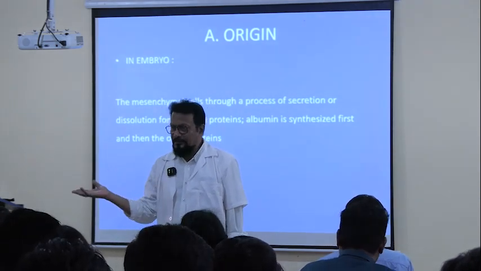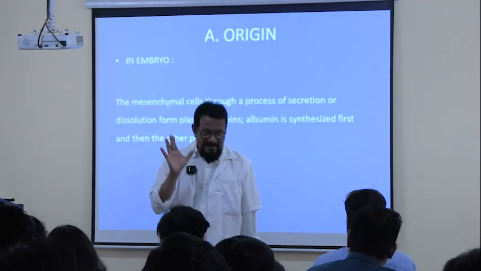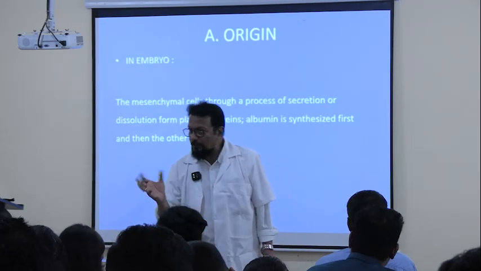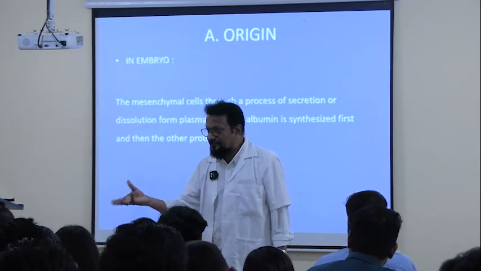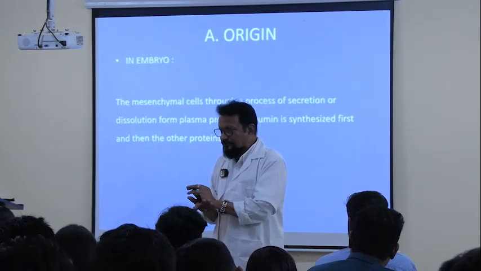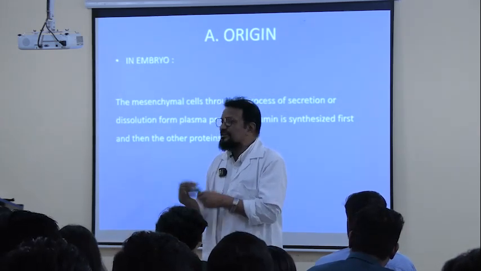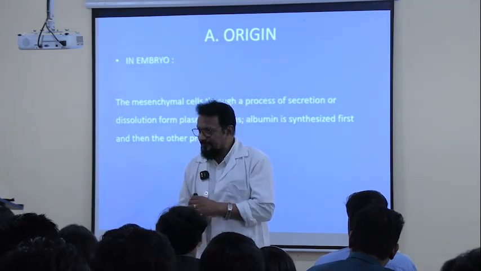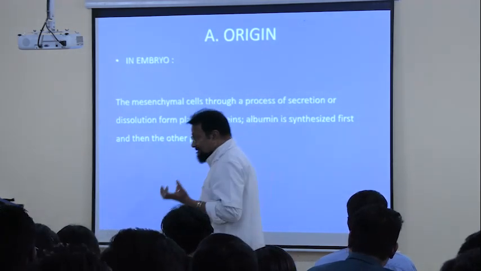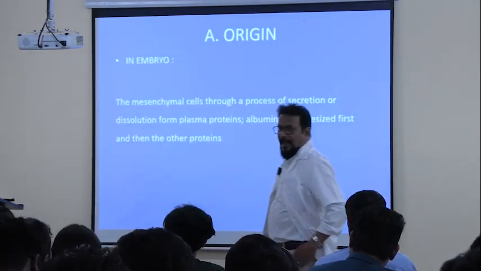Okay, so what is the source in embryonic life? Mesenchymal cells. How do they produce this? Through secretion, or through the process of dissolution, some components are dissolved, disintegrated. Then it is liberated in the vascular system. So in that way, we get plasma protein in embryonic life.